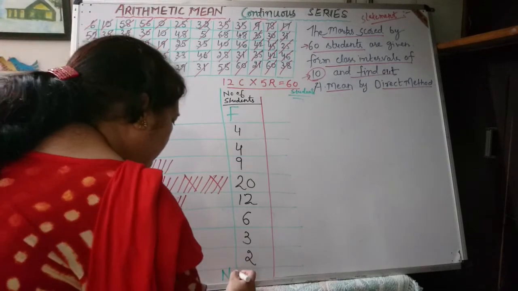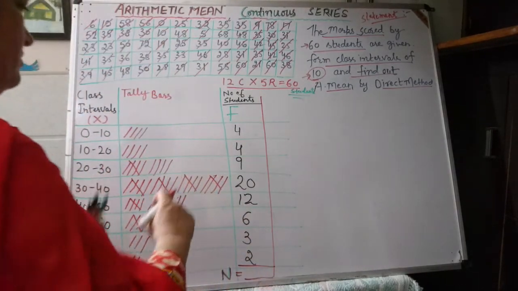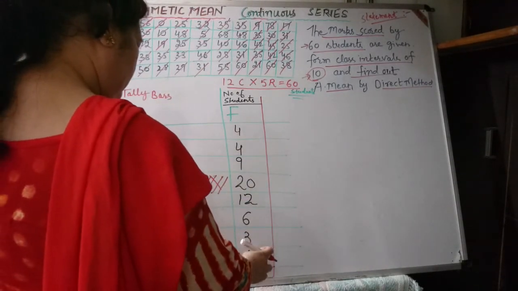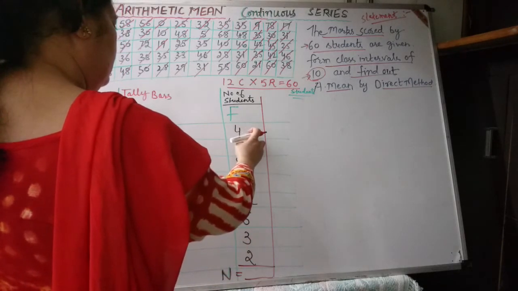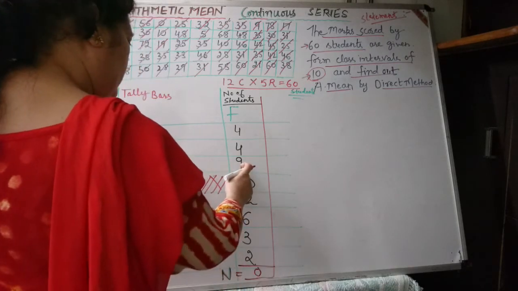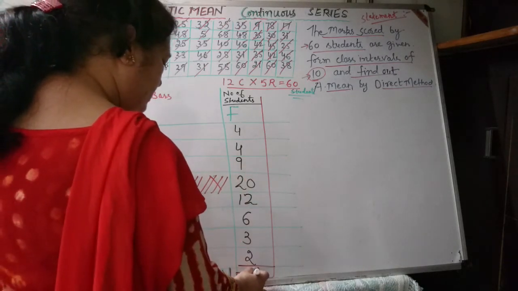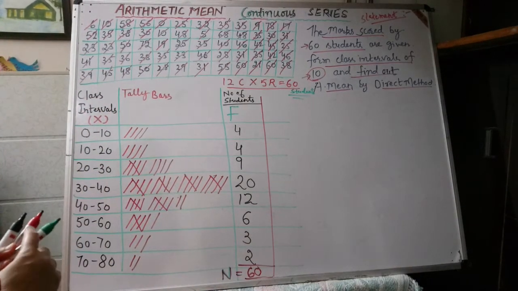The total will be equivalent to 60. So it means our calculations are correct.